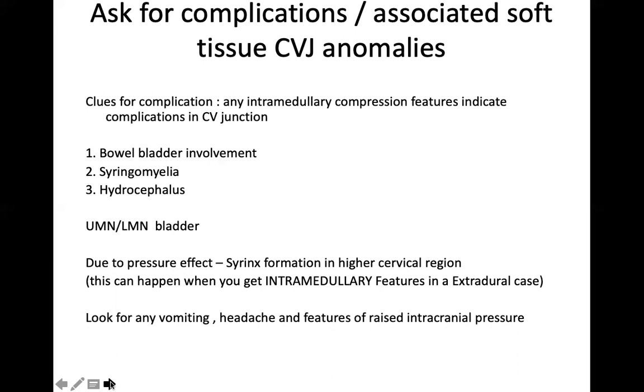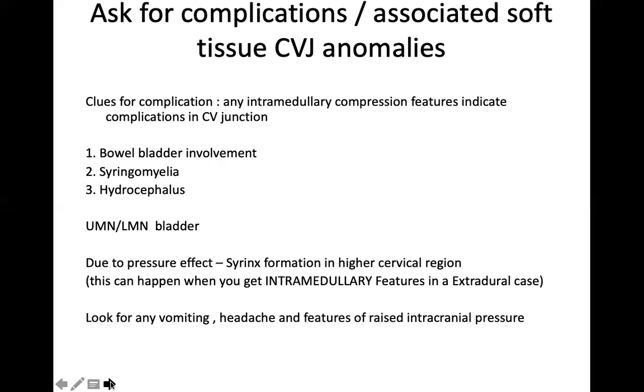Then bladder is an important thing, mainly the upper motor neuron or the lower motor neuron bladder. So frequency, urgency, urgent incontinence is upper motor neuron bladder, and overflow incontinence is actually a lower motor neuron bladder. So this is broad, but there are other types like spastic bladder, atonic bladder, all those.